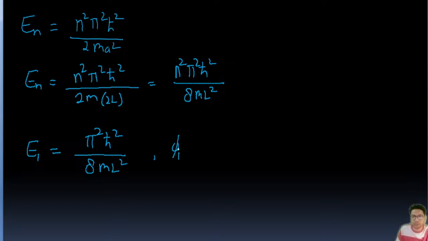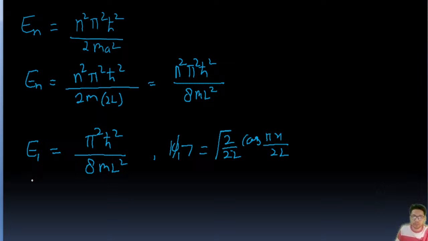The width is 2L, so it is root 2 upon 2L, and for n equal to 1 it is cos of pi x upon 2L. This is the wave function.